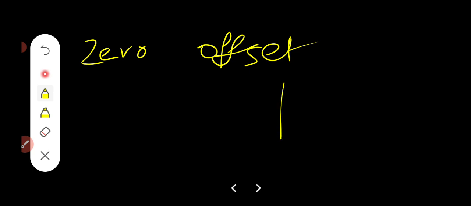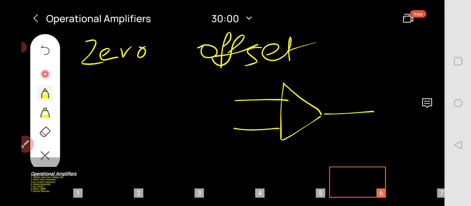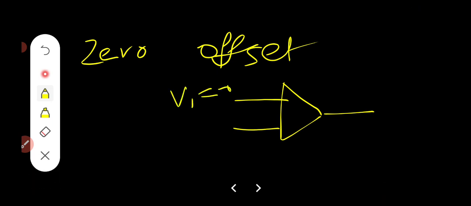Suppose you take the operational amplifier like this, with inputs V1 and V2. If V1 is 0 and V2 is 0, the output V0 is also 0. This is generally called zero offset. That is the fifth ideal characteristic of the operational amplifier.